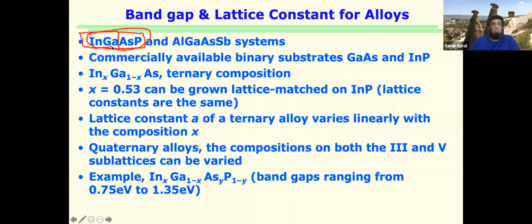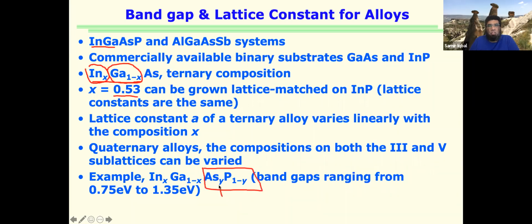Between these two on group 3, we can change their relative concentration, right? So, for example, here I can write indium with X. For example, I say 0.53, which means 53% would be indium, and 100 minus 53, what remains? 47% would be gallium, right?